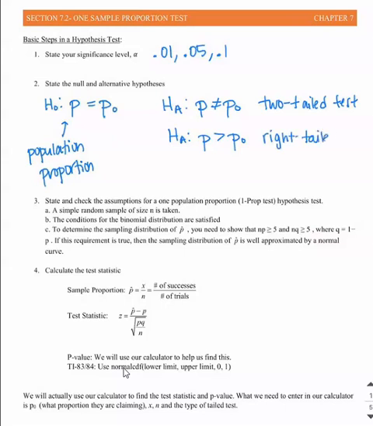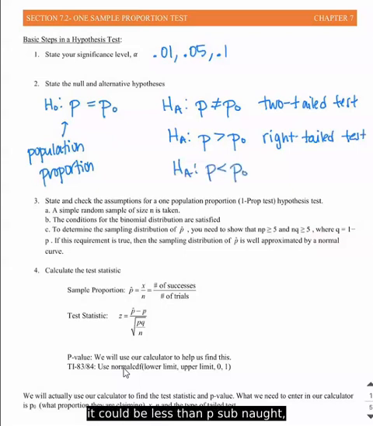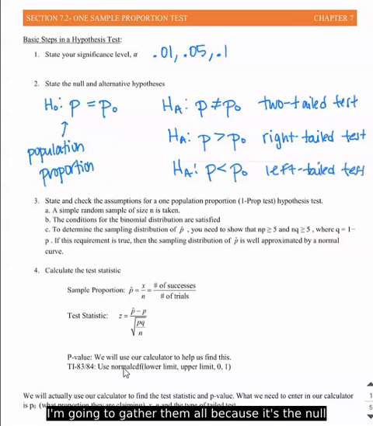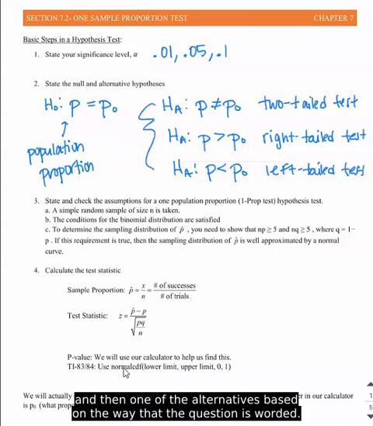Or our last option, it could be less than P sub naught, and this would be a left-tailed test. And so I'm going to gather them all, because it's the null and then one of the alternatives based on the way that the question is worded.